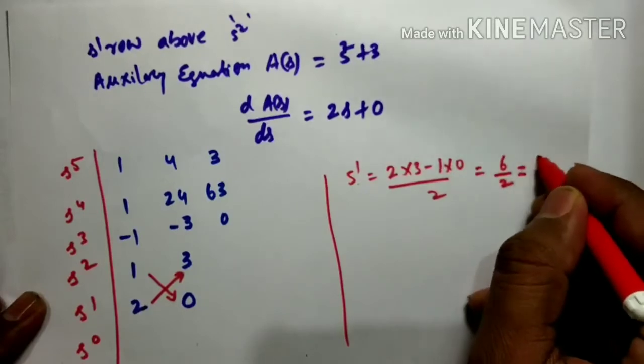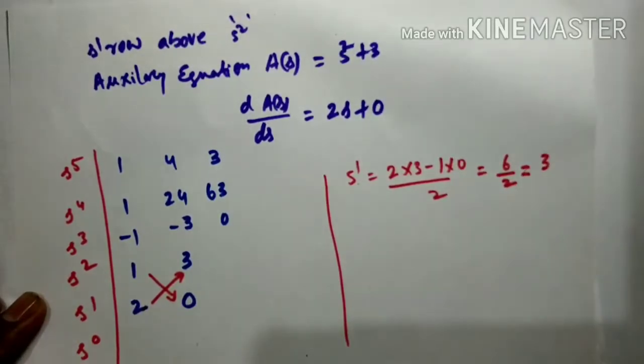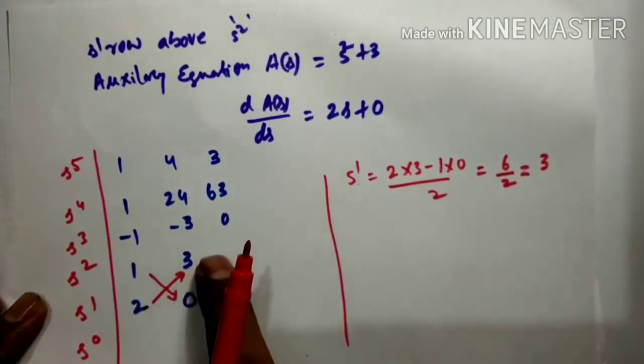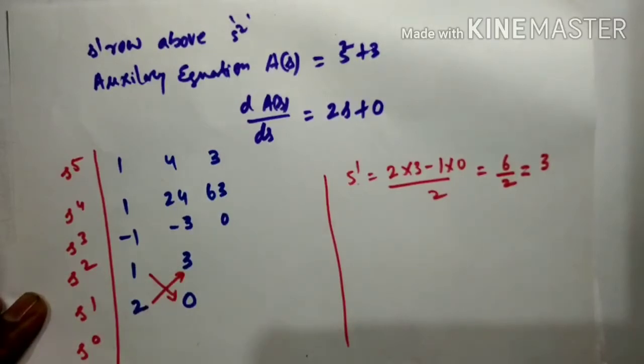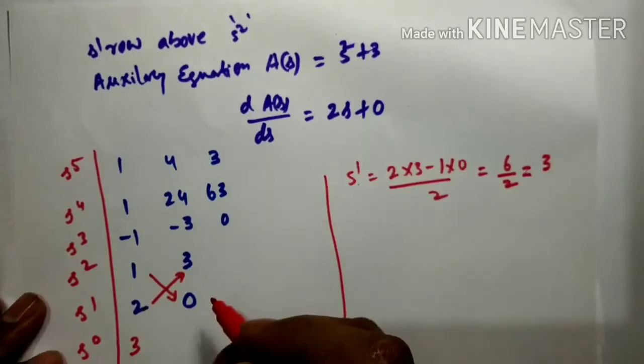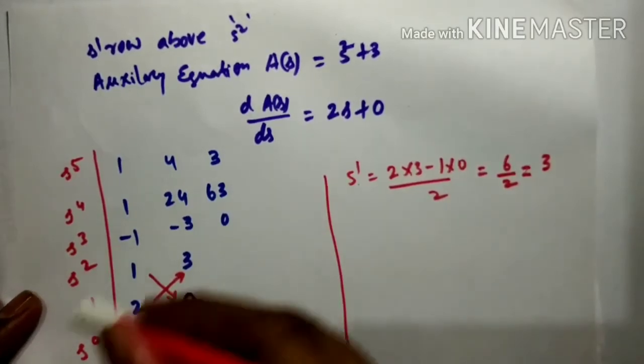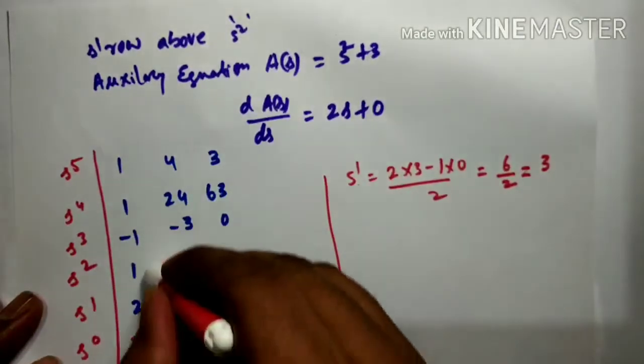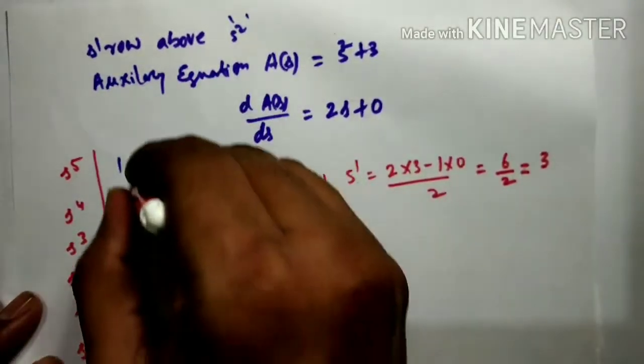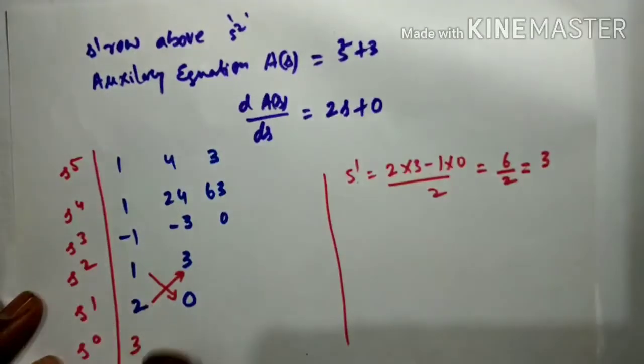So you will get 3. So this coefficient you will get is 3. Okay, so now we have to examine the first column of this Routh array. So what is the condition to be stable?